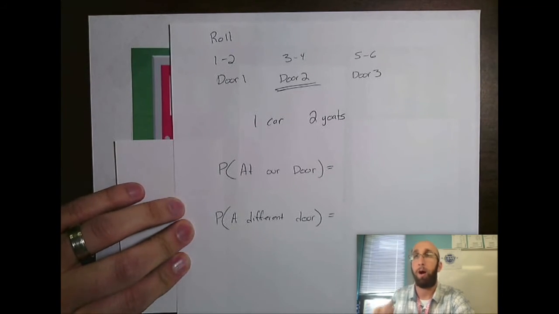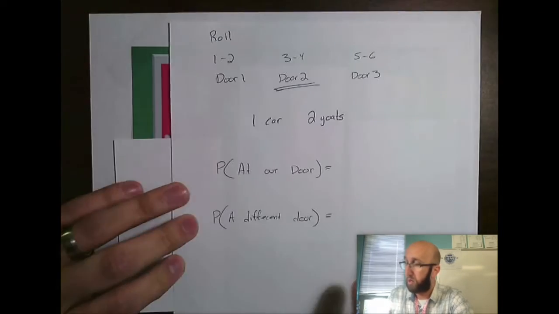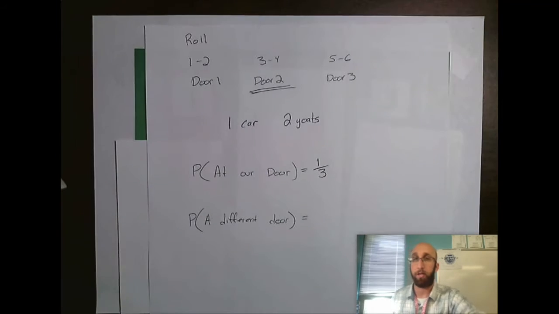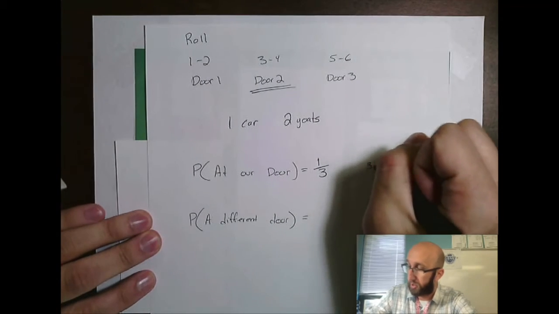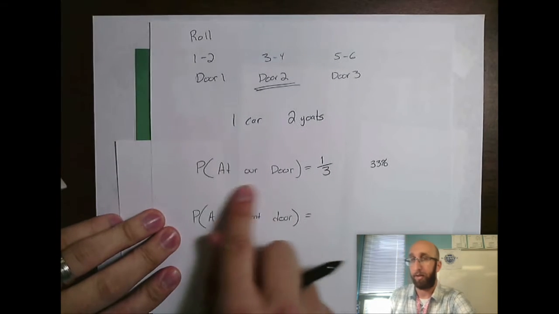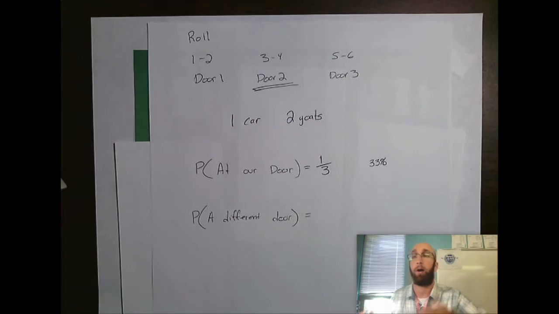Well, there is only one winning option out of 3 total options. So you've got a 1 in 3 chance, which is 33.3333 repeating, a 33% chance that it's at our door. Notice I'm not saying door 1, door 2, door 3, just what's the probability it is at our door.